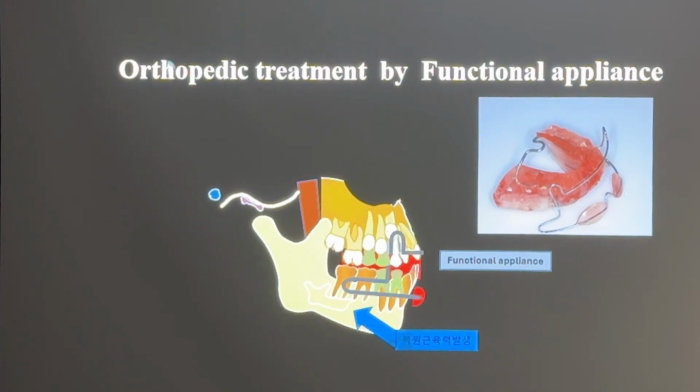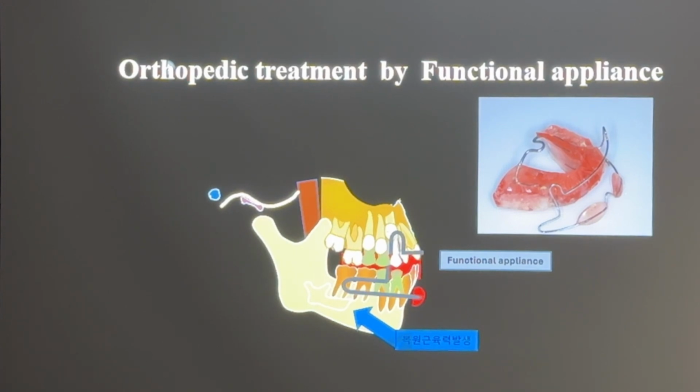The lip screen is for the control of the lower lip. So now you need to control this U-loop, because with my patient, I need to advance this pad forward.